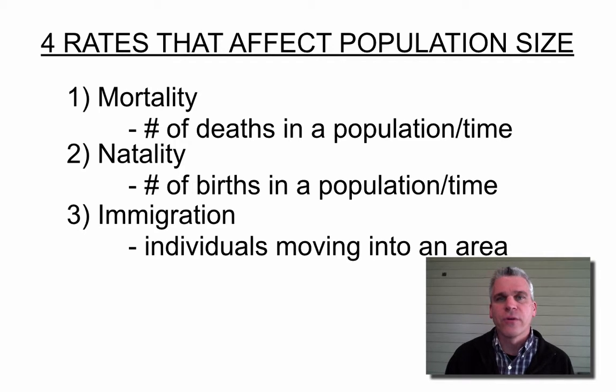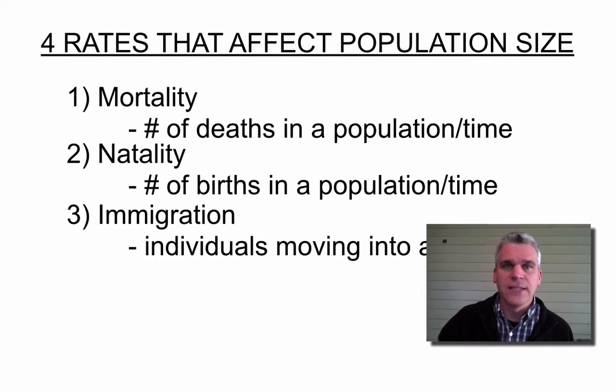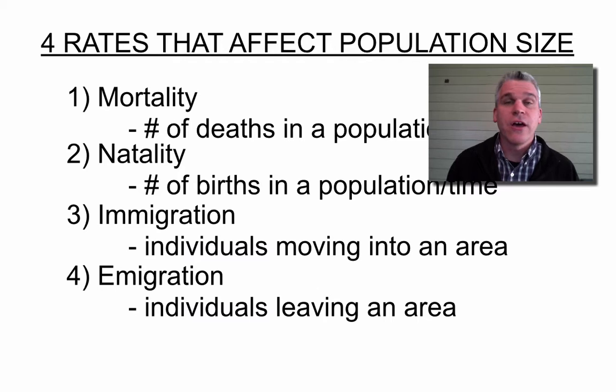So for instance, if we were going to take a look at the population of deer in Wood County, Ohio, it would change on a daily basis because some deer might be moving across county lines, and then, you guessed it, others are going to be moving out of county lines. And so we would say that they would be emigrating. How many individuals are leaving an area? So these four things will help us to determine what the rate of change will be in a population.